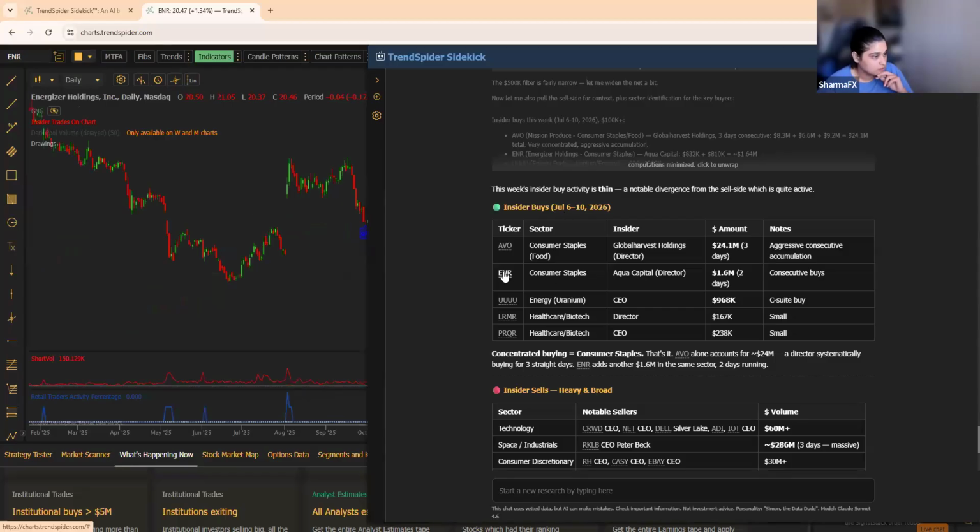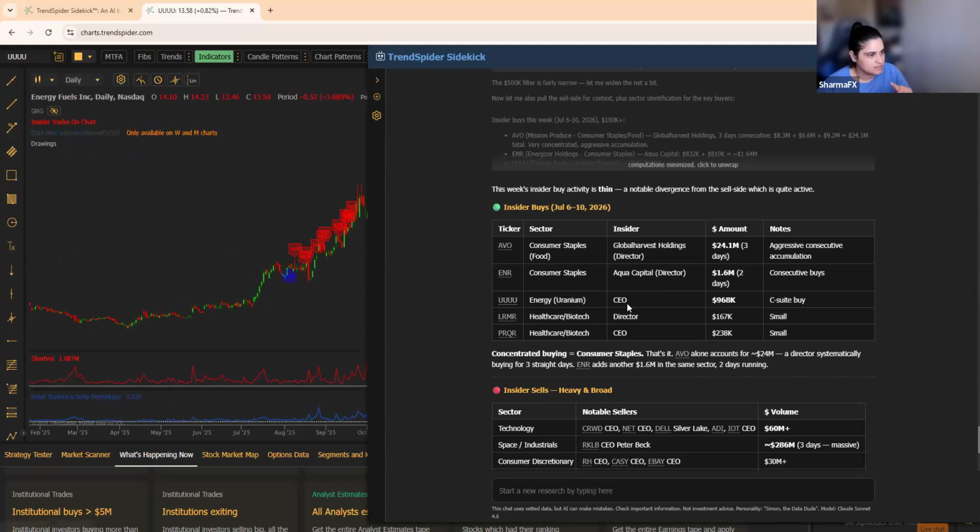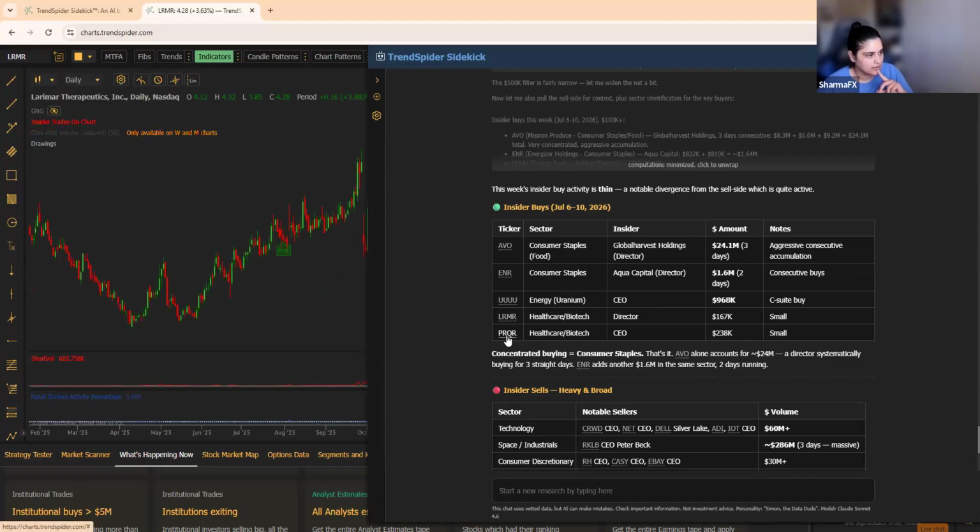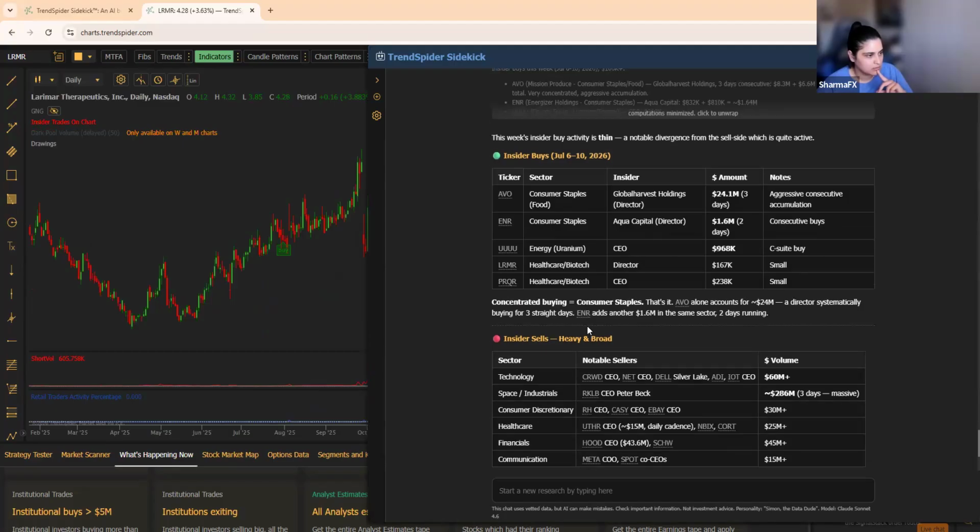Same thing with another consumer staples name, Energizer Holdings. The director here, Aqua Capital, bought about 1.6 million over 2 days. And then in energy, the CEO bought about 968,000. With healthcare, same thing, insiders are buying, but a very small amount. So we're seeing a lot more concentrated buying in consumer staples.